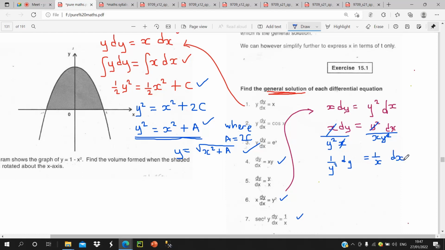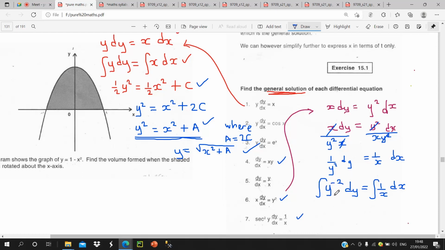Yes. So after that, we are now going to introduce the integration. I can write 1 over y squared as y to the power of minus 2, right? Yes. Is equal to the integral of 1 over x dx, right? Yes.